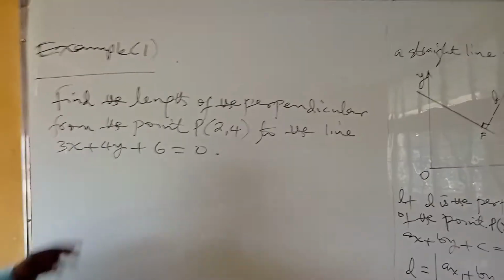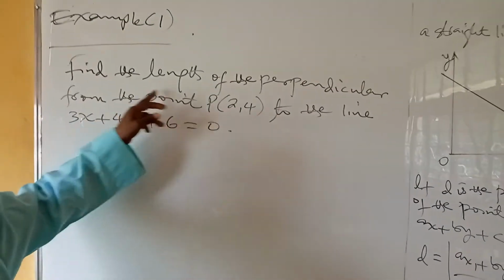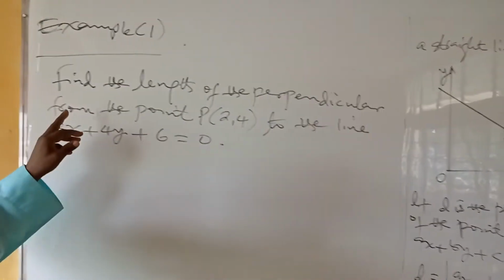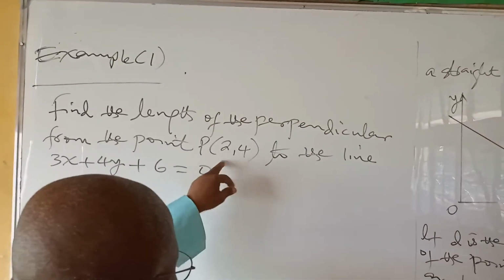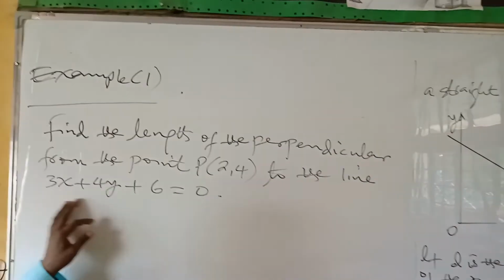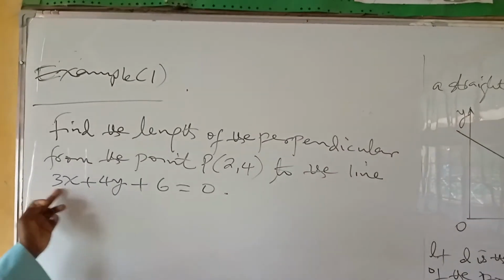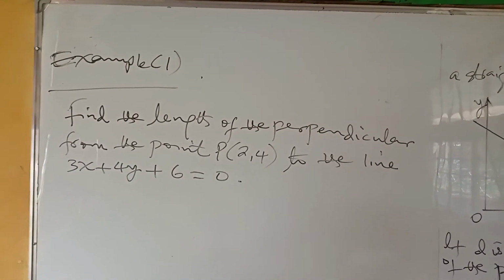I read the question once again. Find the length of the perpendicular from the point (2, 4) to the line 3x plus 4y plus 6 is equals to 0. This is the equation of that straight line.